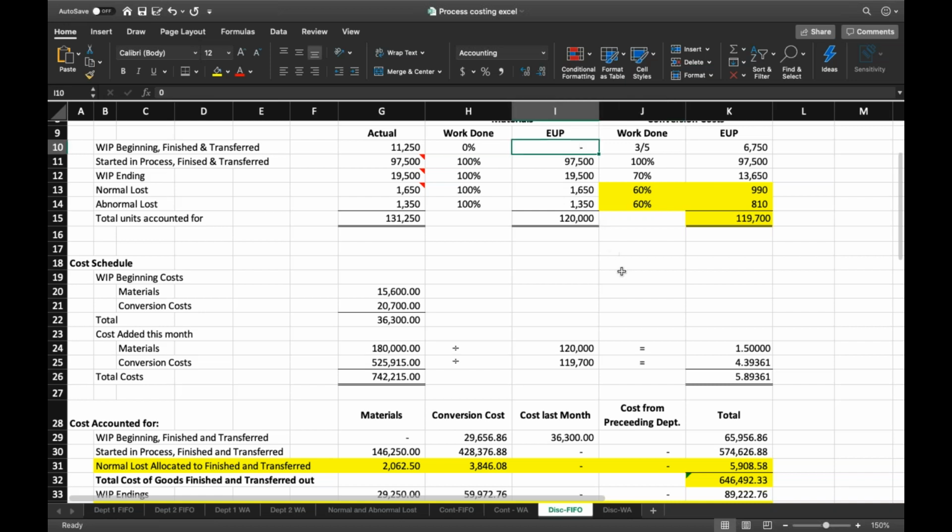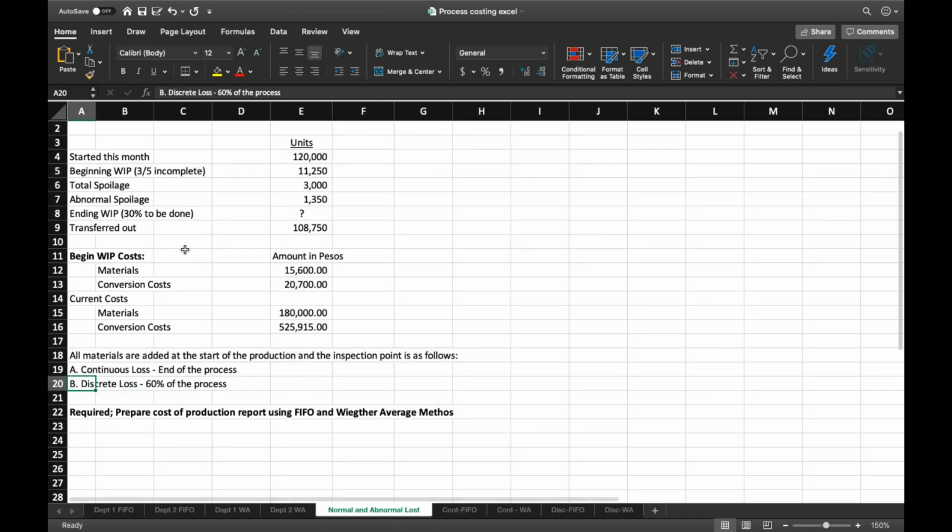Zero siya. Okay? So, ang meron lang material cost natin ay yung started and work in process end. The work in process end is, let me check, 30% to be done, or in short, 70% done. Okay?